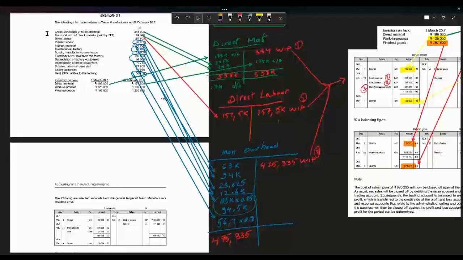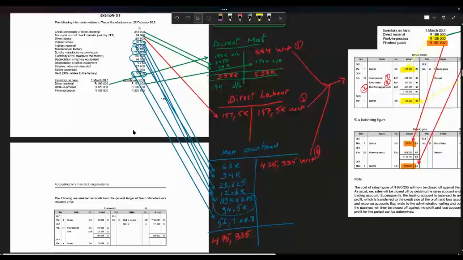But we are not going to take into account depreciation of office equipment, because it's unrelated to the manufacturing. The salaries of the administrative staff will not be taken into account because they're not related to the manufacturing. The selling expenses will not be taken into account either. So, all right, this provides us a total, and this total will be allocated to the work in process.